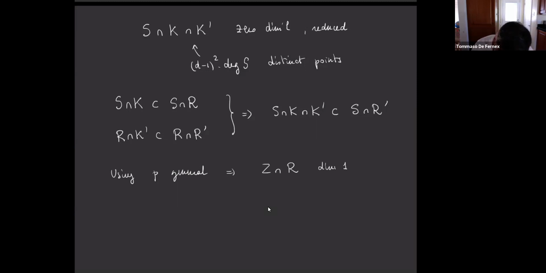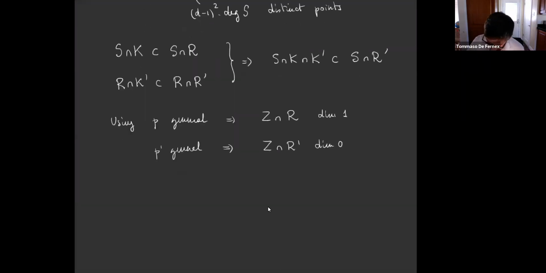And now, taking the second one general, one can ensure the intersection of Z with the next one goes down to 0. This actually requires some computation that I'm going to omit here. And again, this contains S intersect R prime, which contains S intersect K prime.